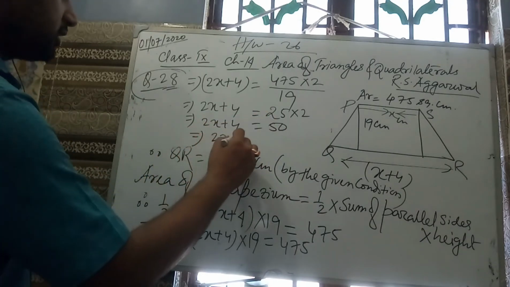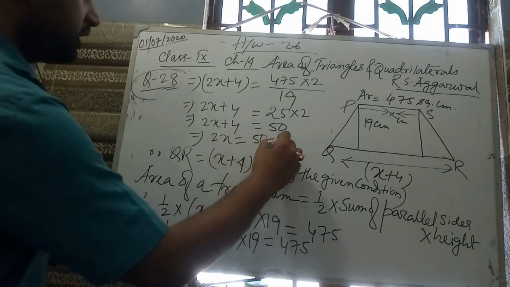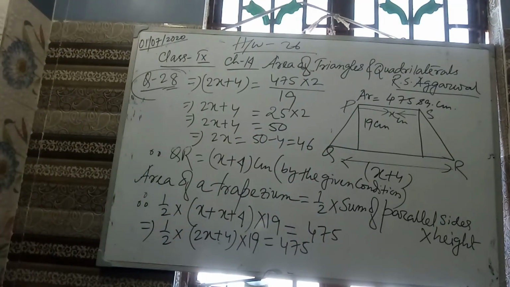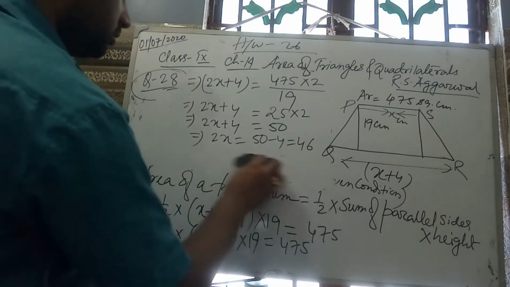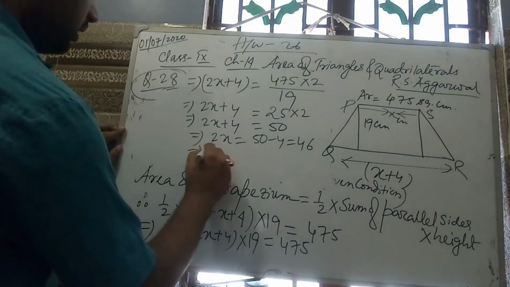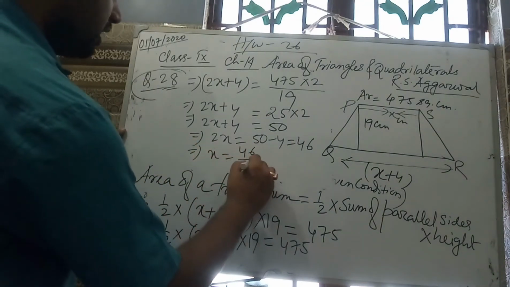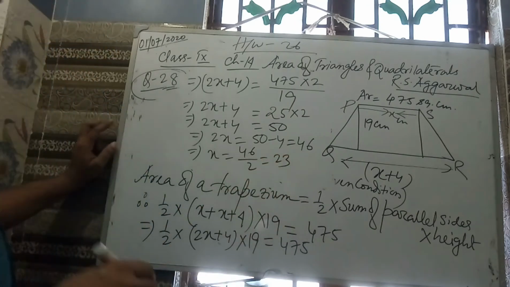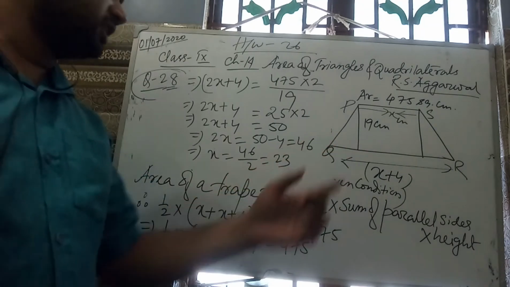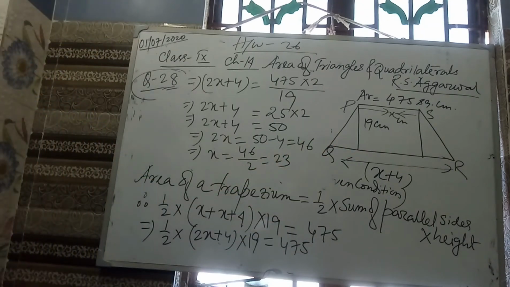That implies 2x equals 50 minus 4, that is 46. So x will be 46 by 2, that is 23. So one side is 23, another side will be 23 plus 4, that is 27.